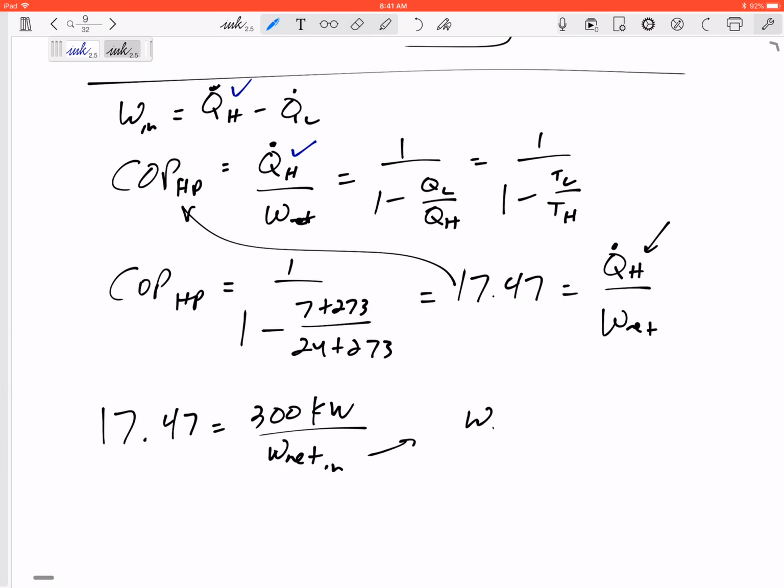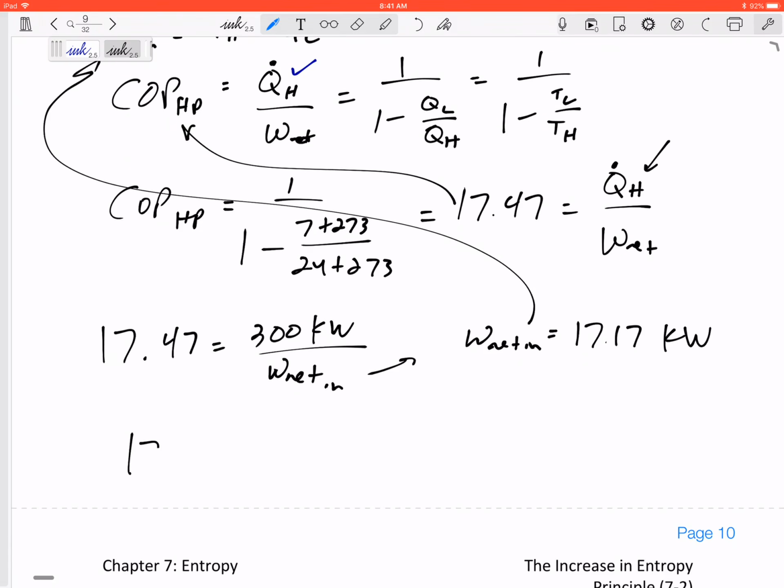So then I know that work net in is 17.17 kilowatts. And then I'm going to plug that in way up there and say 17.17 kilowatts is 300 kilowatts minus Q dot L.